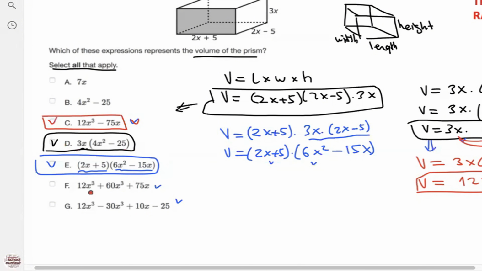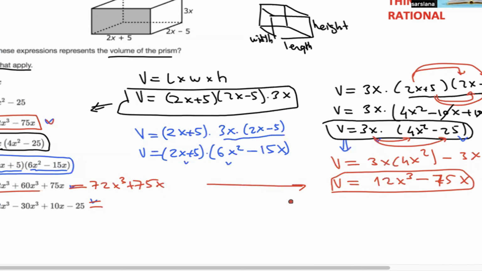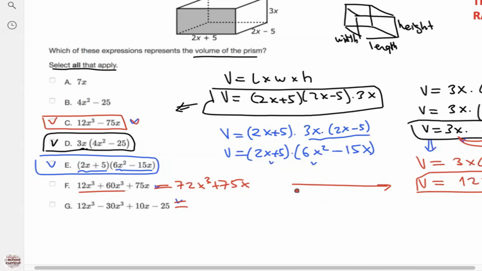Why are F and G not correct? When I simplify F and G, let's see what they are equal to. 12x cubed and 60x cubed are like terms, so they will be 72x cubed plus 75x. But as you see on the right side, my volume is 12x cubed minus 75x, which is not equal to this F, so we cancel it out.